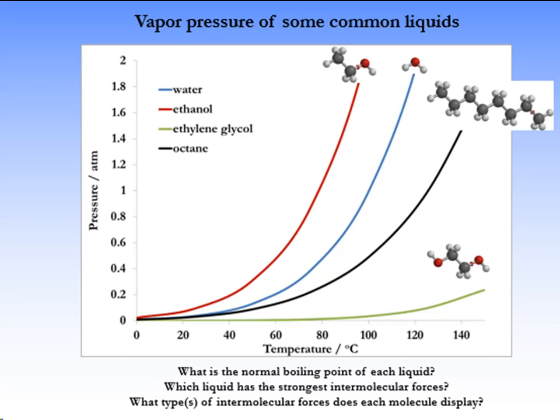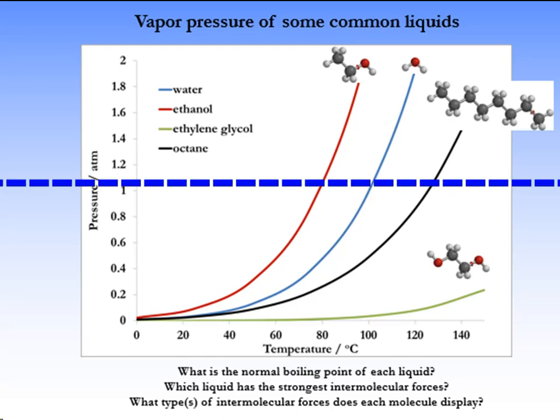So first to the boiling point of each liquid. Remember, the boiling point is when the vapor pressure of the liquid exceeds atmospheric pressure. And we know atmospheric pressure is 1 atmosphere. So for ethanol, we look at 1 atmosphere.